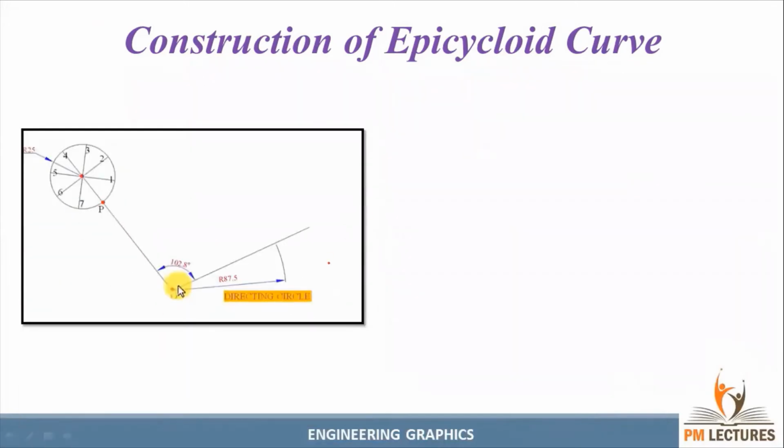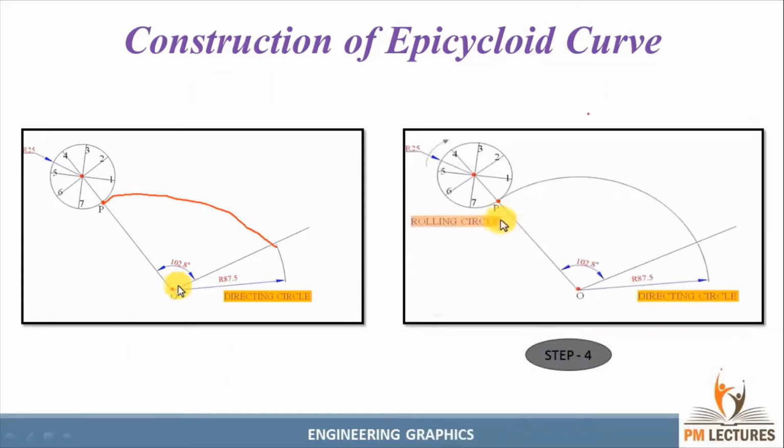Again, you need to take the compass and measure the distance of O to P. After measuring the distance of O to P, keep O as center and draw an arc with the pencil side up to the radius of here. Clear, guys? It will look like this up to the radius.